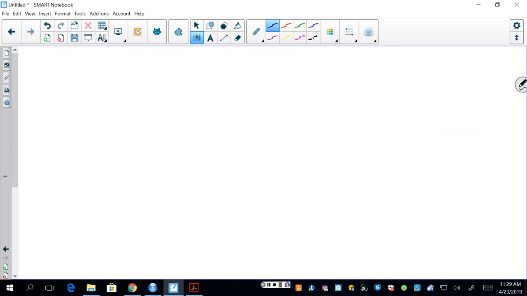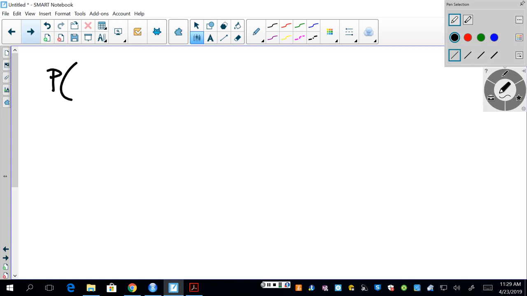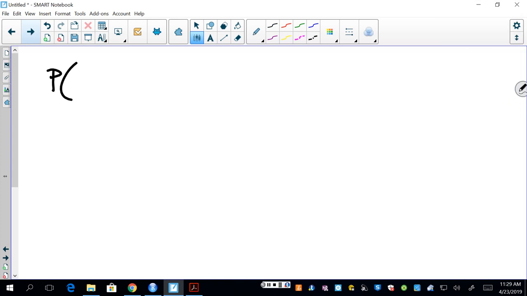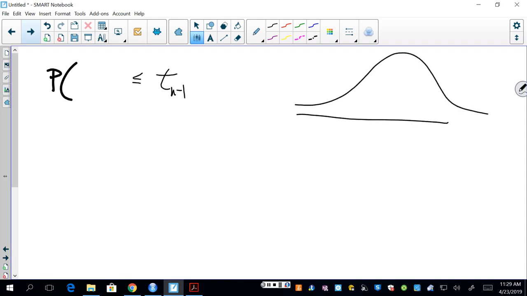Well, you can make probability statements. So the probability that this t value that has n minus 1 degrees of freedom, well, under this t curve, we could find the points that have, say, 95% in the middle.